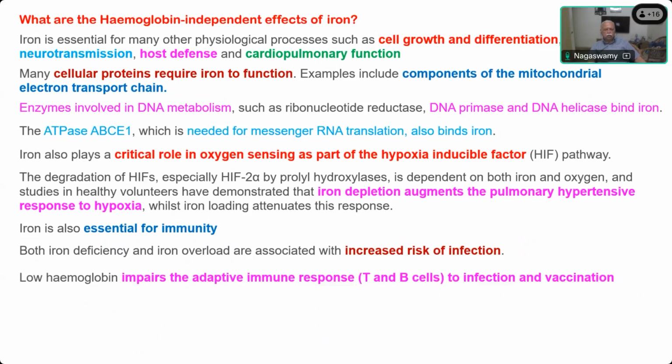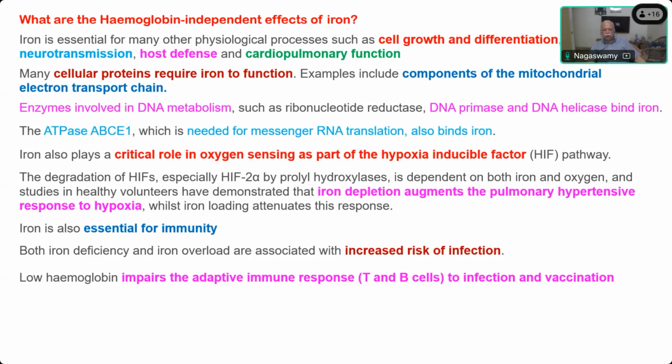In addition, low hemoglobin impairs the adaptive immune response of the T and B cells. If a person develops infection, normally we have humoral and cellular immune responses which will take care of the infection. For that, we require the T cells and B cells. So the activity of the T cells and B cells also will be impaired. So you will not get the desired immunity response when you are exposed to an infection.